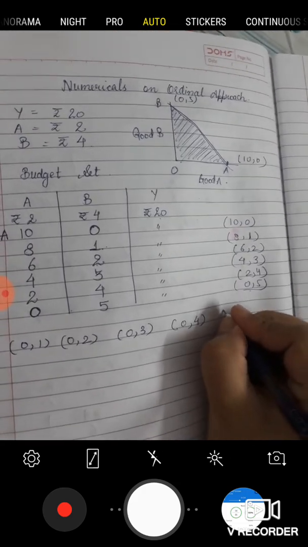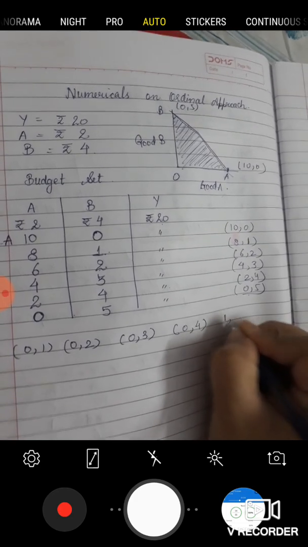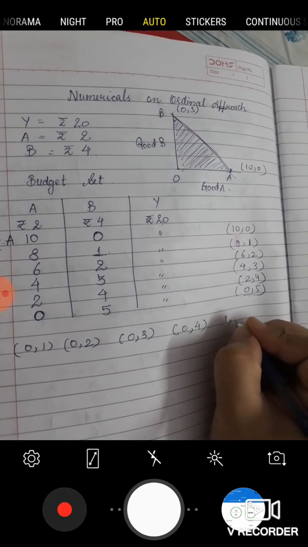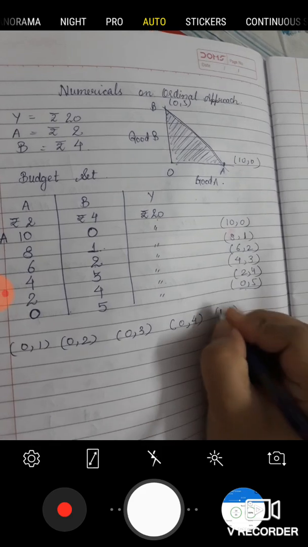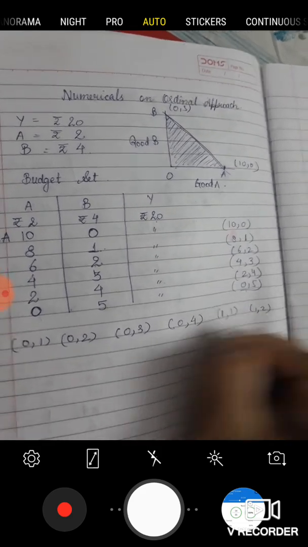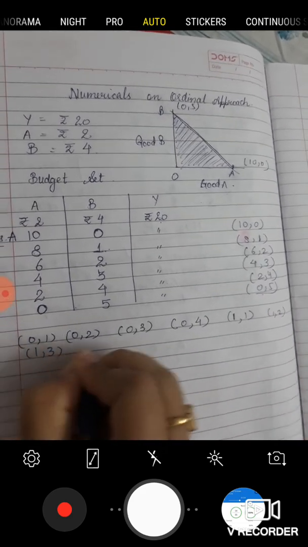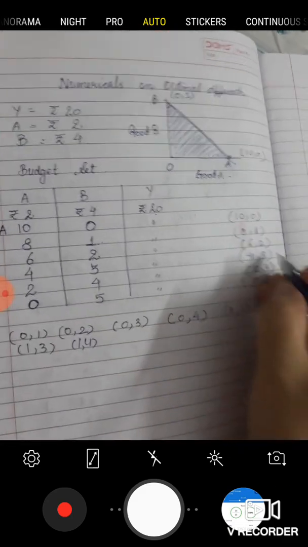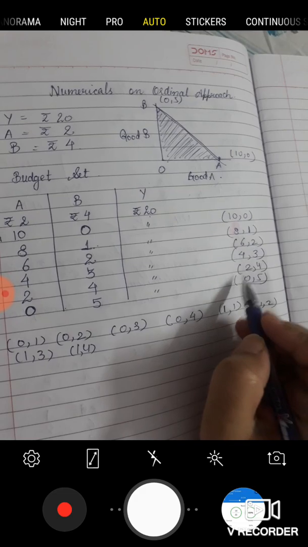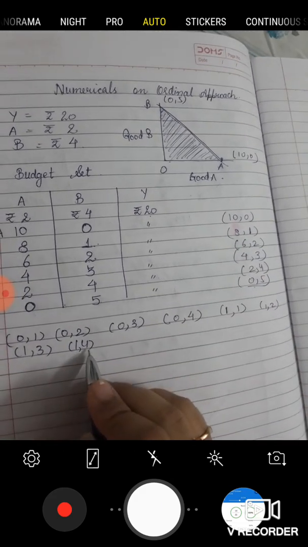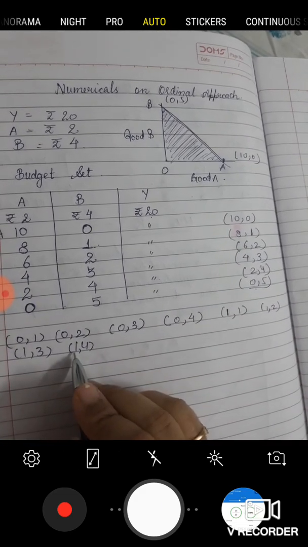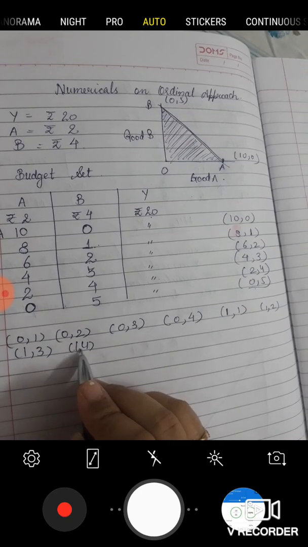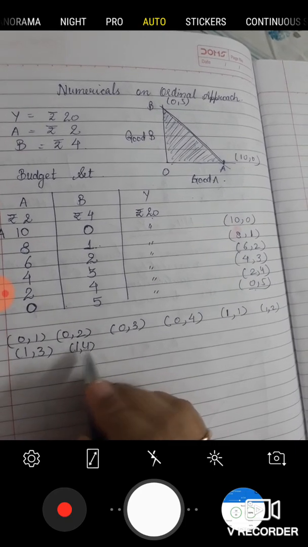Next we start with 1. If we buy 1 unit of A, how many units of B can be bought? 1, 1; 1, 2; 1, 3; 1, 4. So we got till 1, 4. 2 rupees spent and 16 rupees spent here.